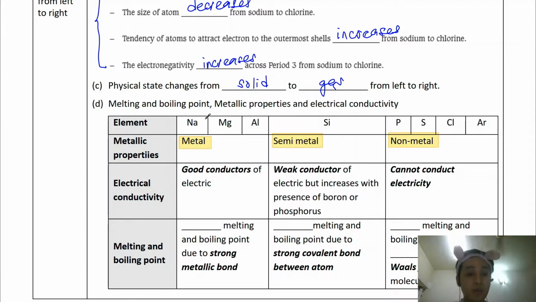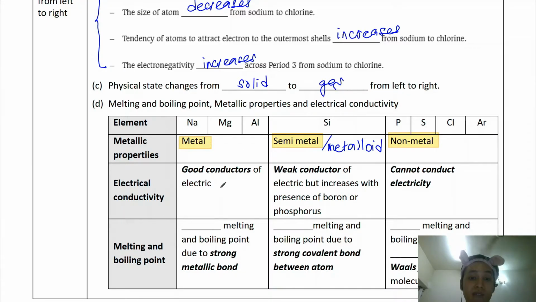Sodium, magnesium, and aluminium, we normally classify as metals. Silicon is considered a semi-metal, or another word for semi-metal is metalloid. So if you see the word metalloid, we are referring to a semi-metal, whereas from phosphorus to argon are non-metals.